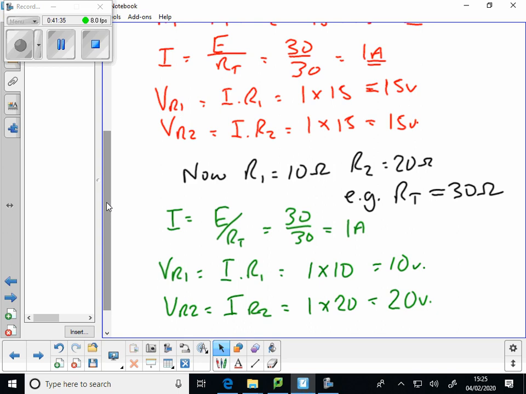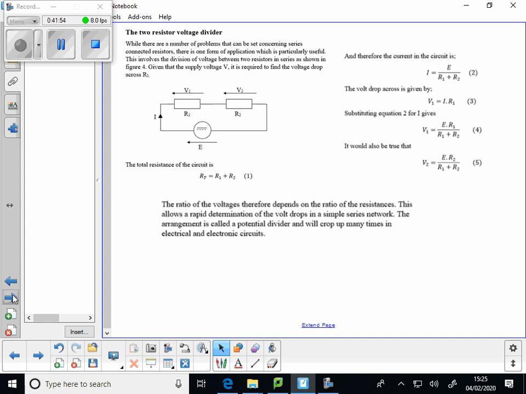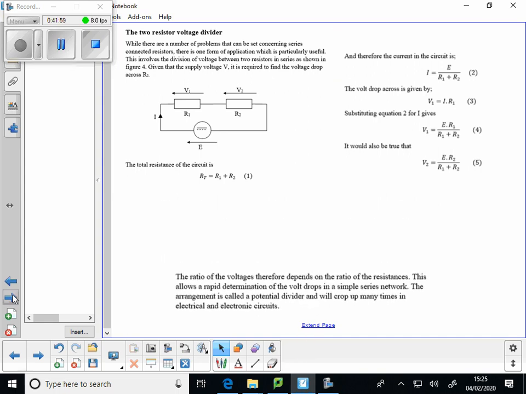The current would change, but those two voltages would still split in the same way. Voltage divider, a useful circuit. And we can consider the voltage divider in one go by playing around with the formula a bit.